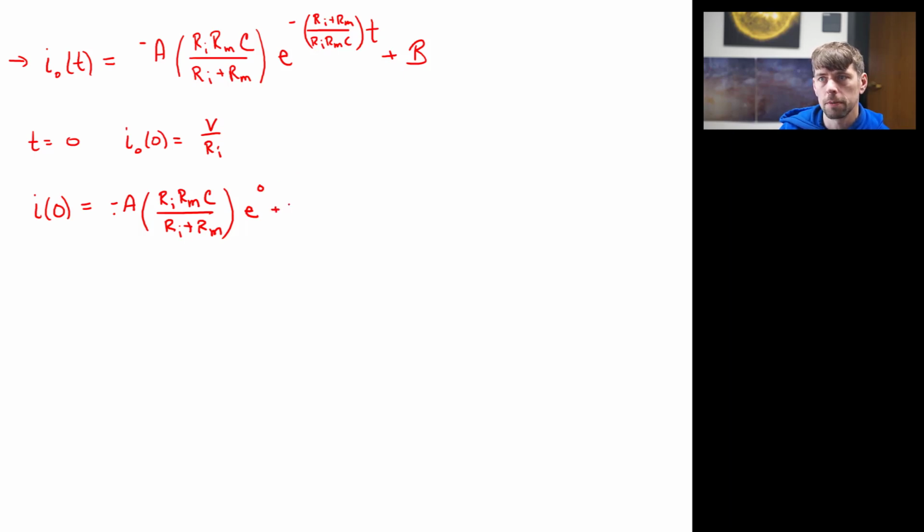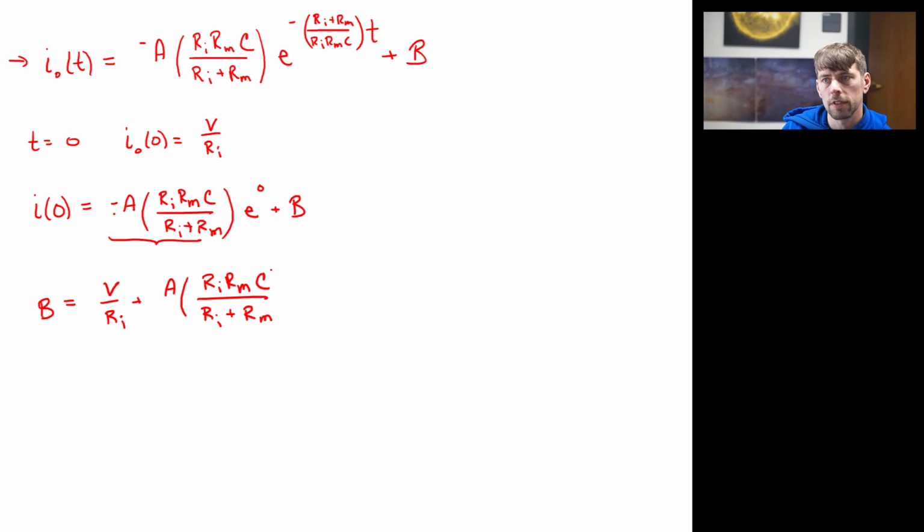Time is 0, plus B. Okay. And so we can see that this will give us a relationship between A and B. I can just add this to the other side, and so I get that B is equal to V over Ri plus A times this rigmarole quantity. I guess I could have given this some new variable name. Physicists love to do that just because we're lazy and don't want to have to keep writing stuff out. Okay. So there is B in terms of A.